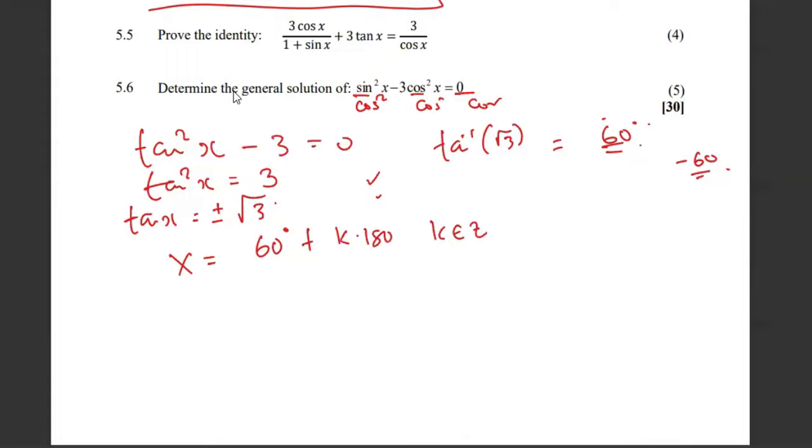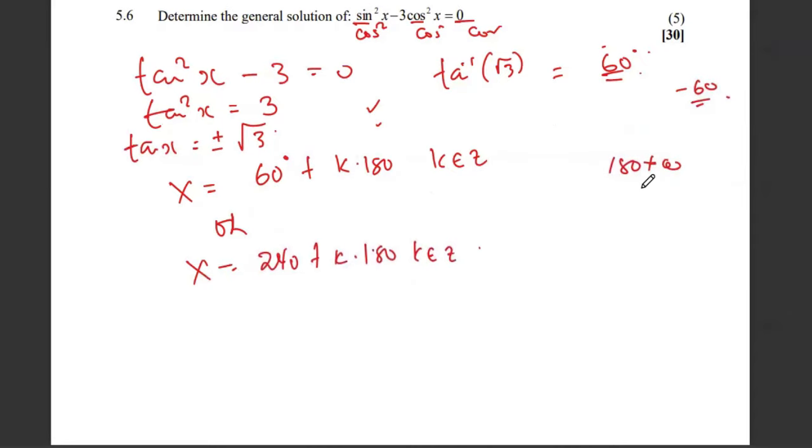And then alternatively, in the third quadrant, we said it will be 180 plus 60, so it's 240 plus k times 180. K should be an element of integers. Okay, so that becomes the last part of question number 5.